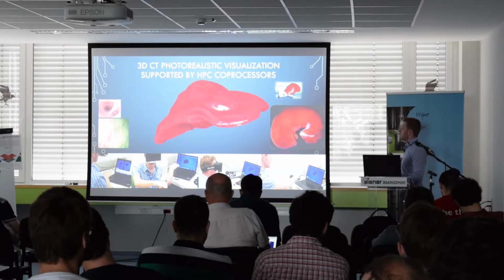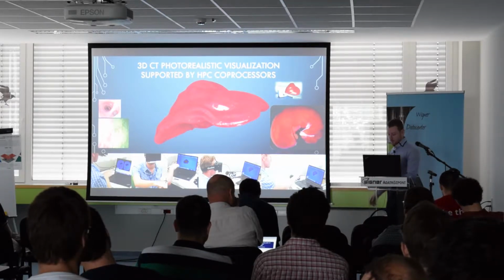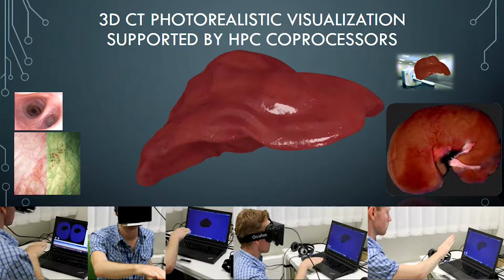So how can we overcome this bottleneck? One possible solution we found is to do research on supercomputers, and after that use these results to build a small size supercomputer and give it to the doctor, who can use it in real time.